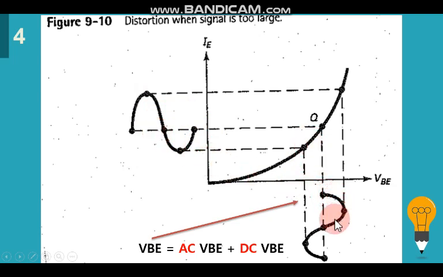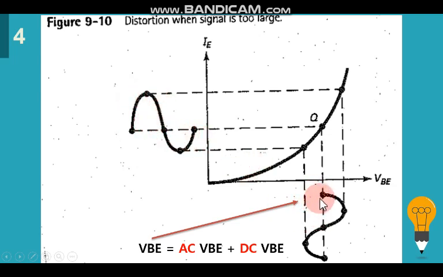When in the positive half cycle, due to the curvature of this graph, you can see the positive half cycle of your current is elongated, and the negative half cycle of the current is shrunk. So this is compressed and this is expanded.